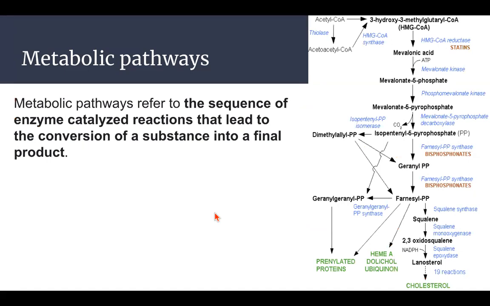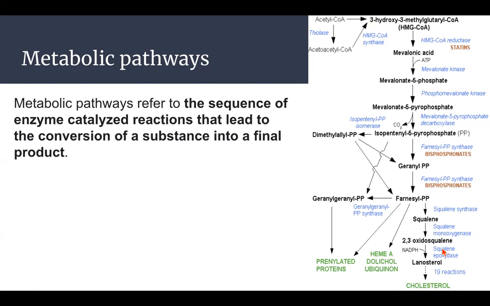Okay, once we know how ATP functions, I'm going to teach you how to read a metabolic pathway. When we use the word metabolic pathway, we are referring to the sequence of chemical reactions that happen, and that would usually lead to the production of a final product.